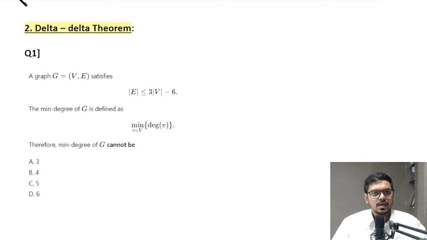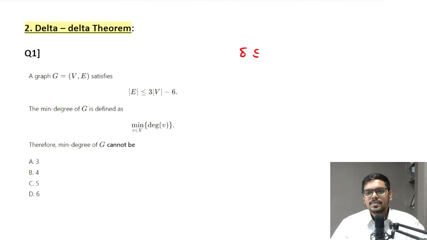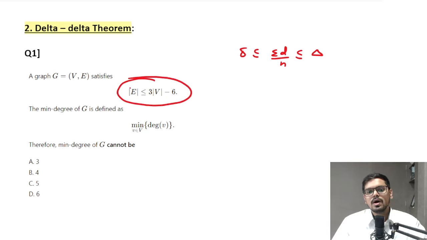How to do it? Now you are like, sir, the delta delta theorem said that the minimum degree is less than or equal to the average degree, which is less than or equal to the maximum degree, right? This is what the theorem was. Now here we have an inequality. So how to deal with it? The summation of degrees divided by n, as per the handshaking theorem, is 2e by n.